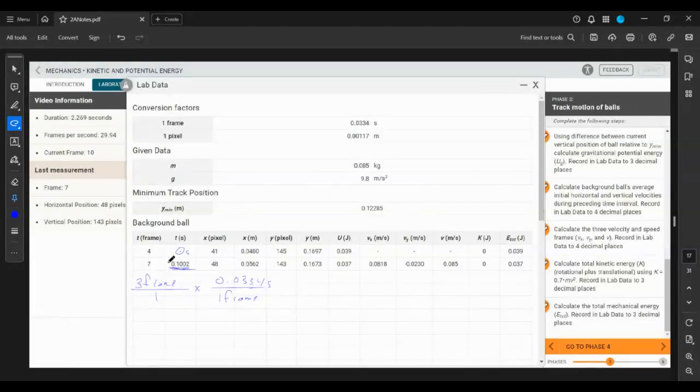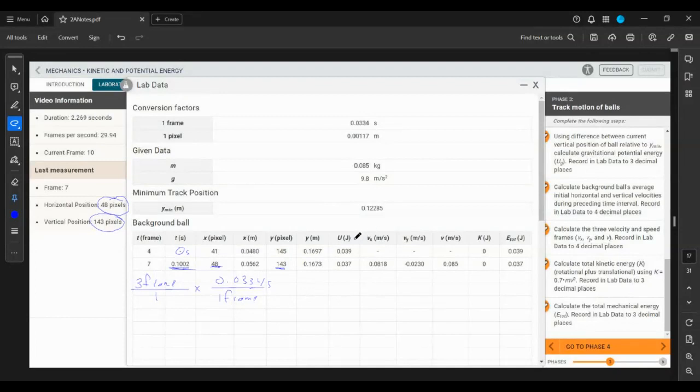Okay, and so then multiplying these together will give us our time right there. Then we have pixels listed here. So 48 pixels is our given value, then 143 pixels is our given value for the Y part. And we multiply those by our pixel to meter conversion, and that's where these other values come from.